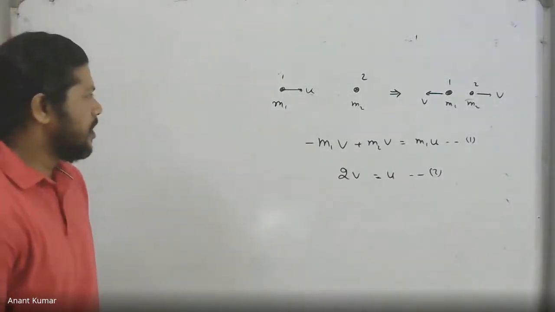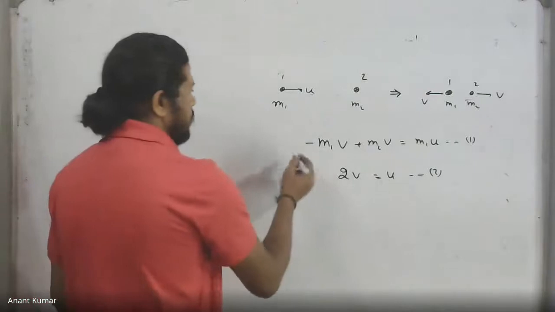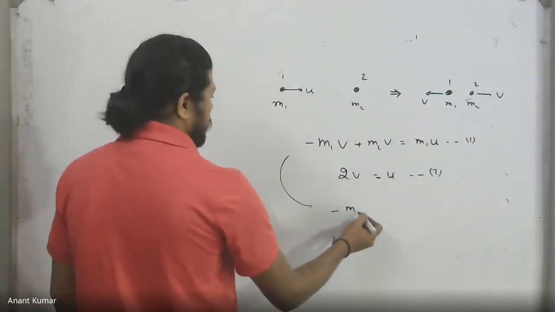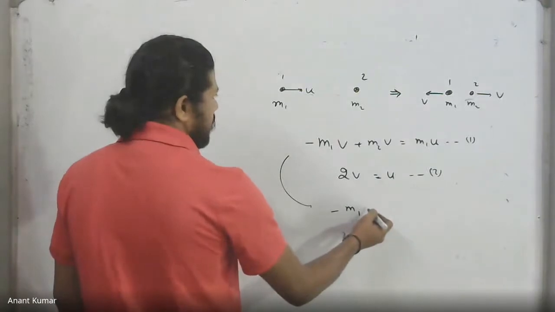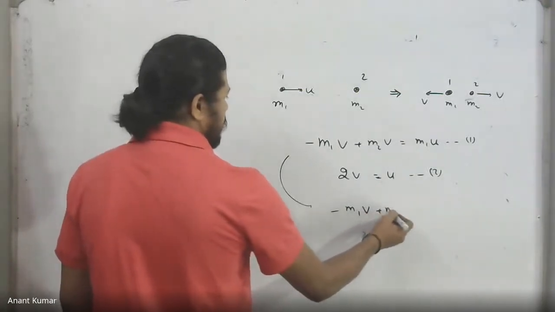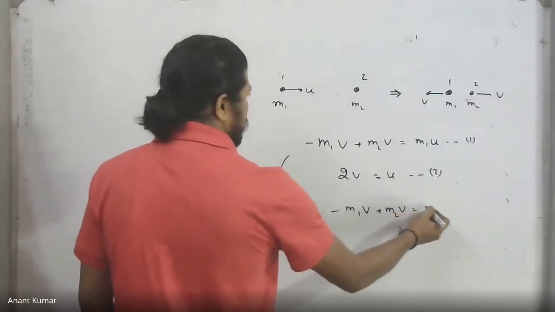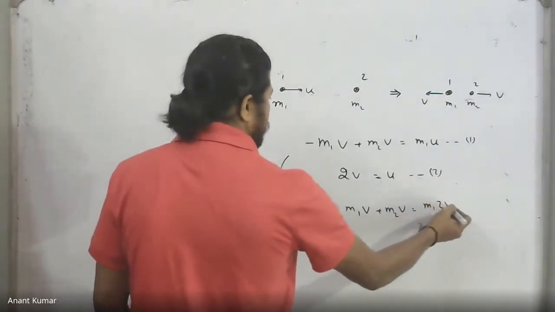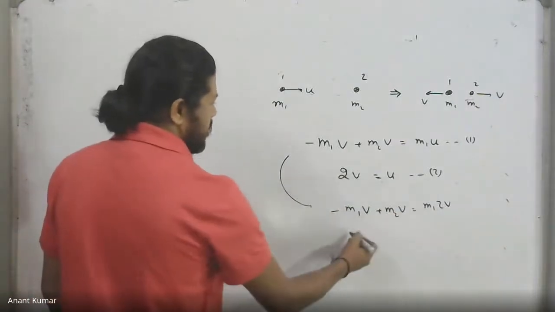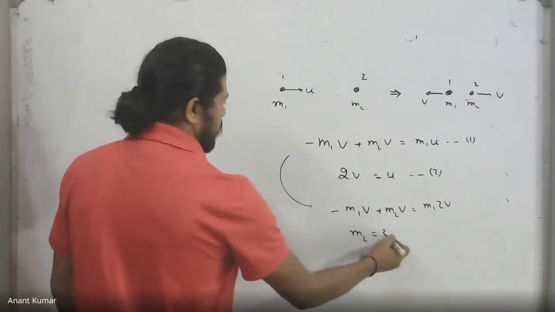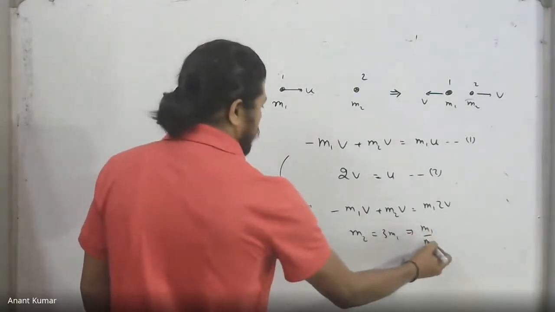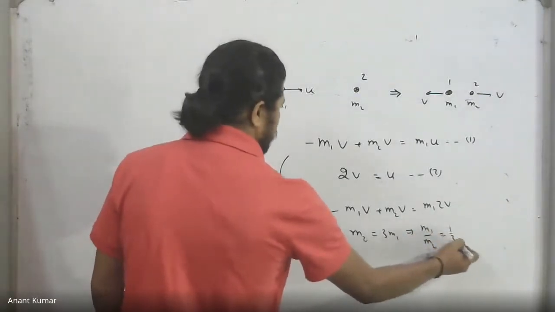In this case, we can put this u in the first equation and end up getting minus m1 v plus m2 v equal to m1 into twice v. v can be cancelled out. Take m1 that side, we get m2 equal to 3m1, giving us m1 upon m2 is 1:3.